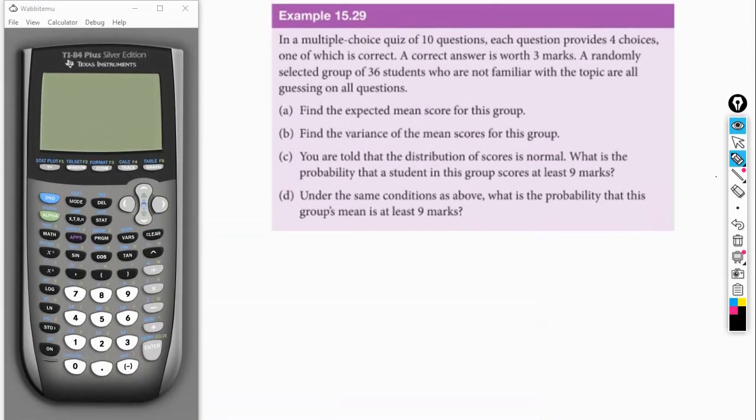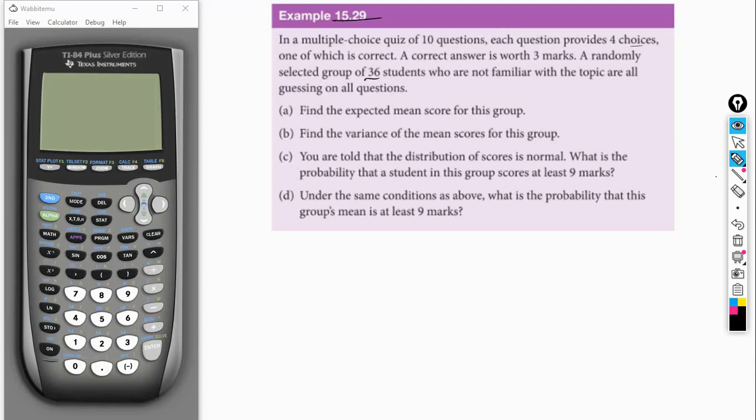So next we have example 15.29. And it says, in a multiple choice quiz of 10 questions, each question provides 4 choices, one of which is correct. So this is the same as the previous example. A correct answer is worth 3 marks. A randomly selected group of 36 students who are not familiar with the topic are all guessing on all questions.